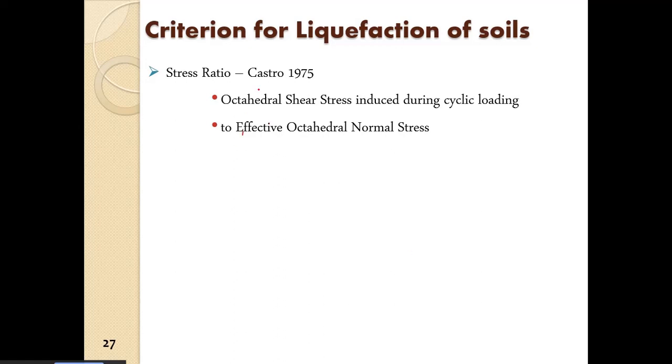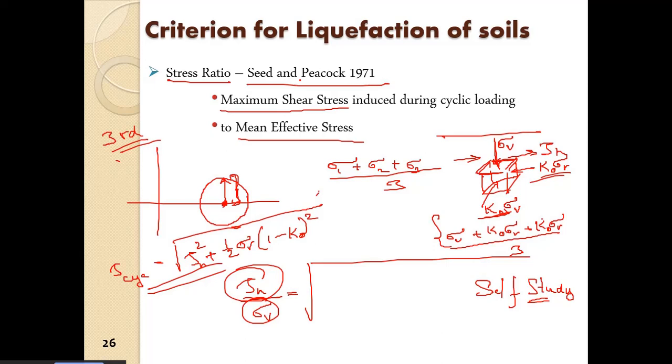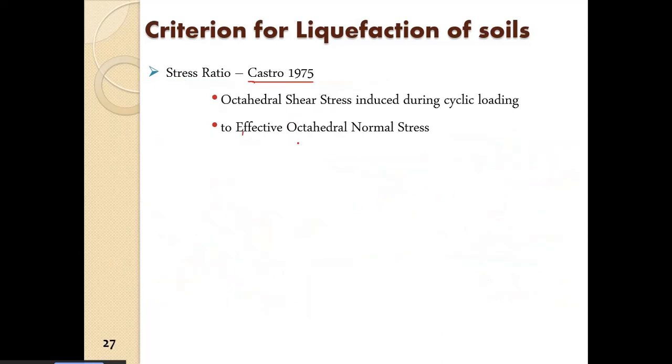The same thing was given by Castro in 1975. In 1975, instead of defining it in terms of the normal stresses, vertical stresses and shear stresses, he used the stress invariants. The octahedral normal stress is the same as the mean stress.